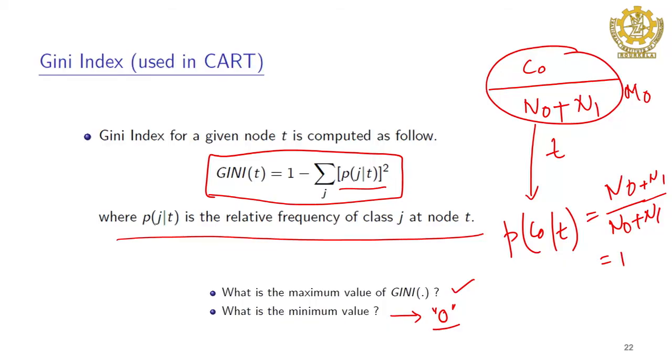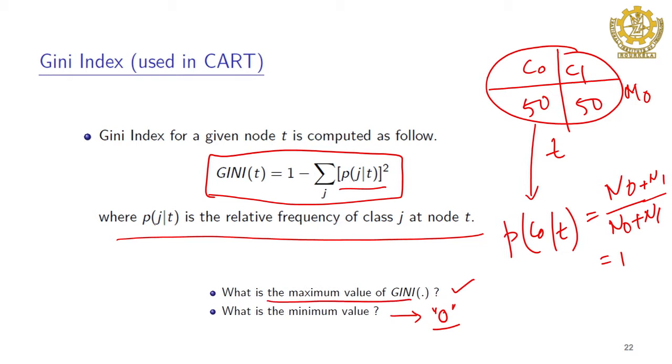What will be the maximum value here? We get the maximum value when the class distribution is the same, that means the number of objects belonging to each class is the same. Let us say you have 100 objects, N0 plus N1 is 100, with two classes C0 and C1 in this node, 50 and 50. The relative frequency of each class is the same.